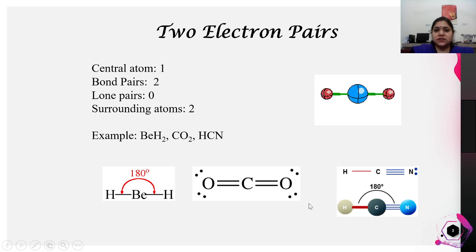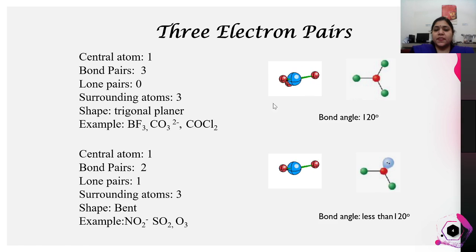Next we will discuss 3 electron pairs. If there are a total of 3 electron pairs, in that case different cases are there. Maybe out of these 3 electron pairs, all 3 are bond pairs. Maybe one lone pair and two bond pairs are present, and at least two bond pairs should be present to form a shape.